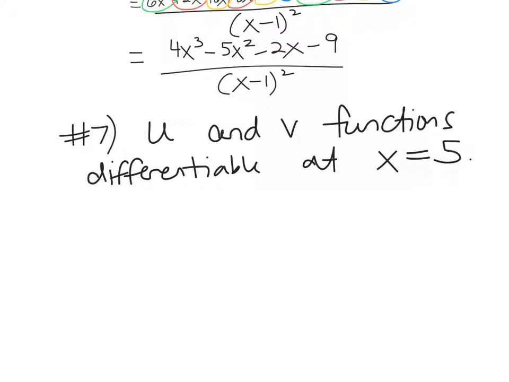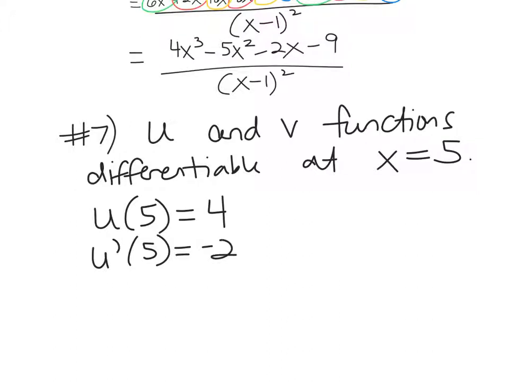Okay? And then they tell us this. U of 5 is 4. U prime of 5 is negative 2. V of 5 is 1. And V prime of 5 is 7.